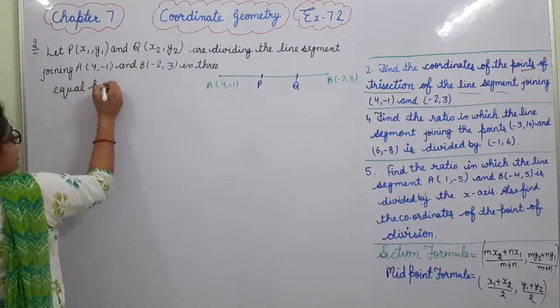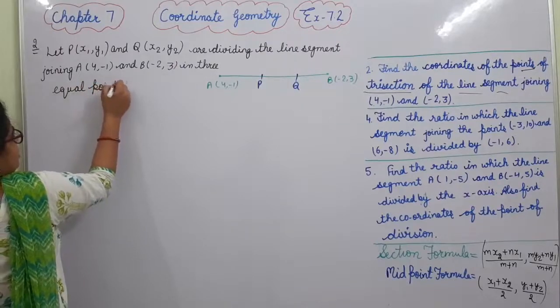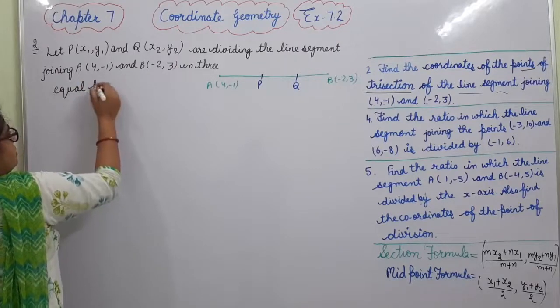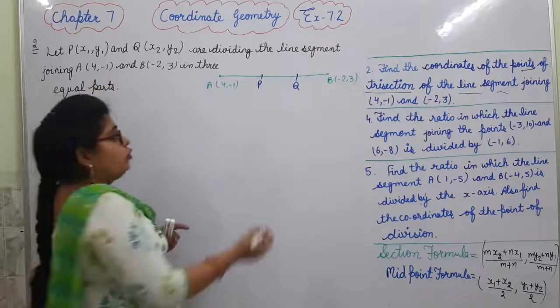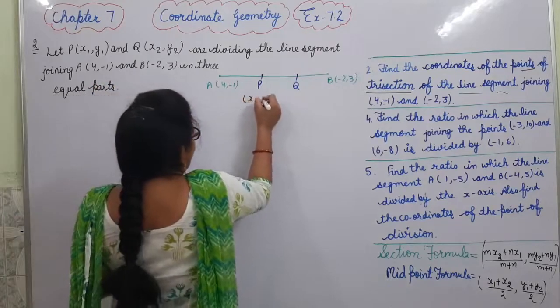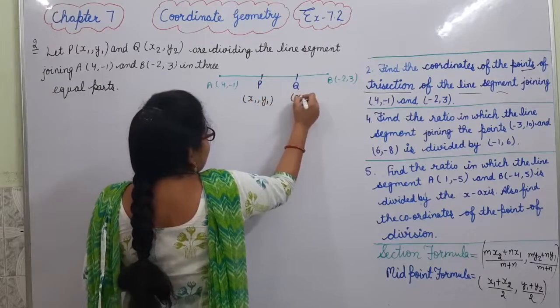Means these are the trisection, three equal parts. Now we have to find the coordinates of P and Q.